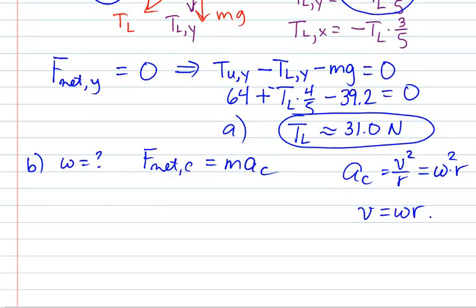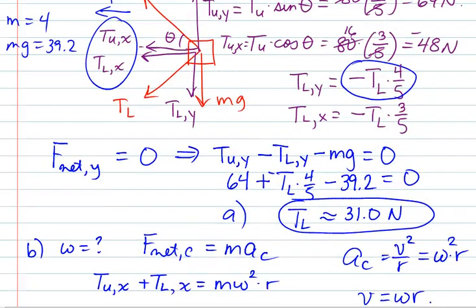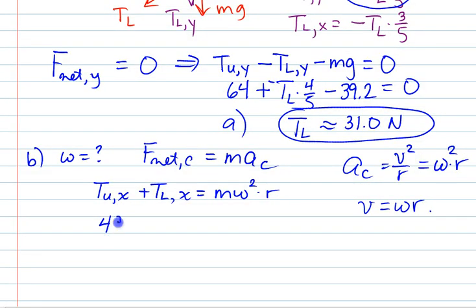Okay, so now what we're going to do is write T upper in the x direction plus T lower in the x direction equal to m omega squared times r. T upper in the x direction we found was 48.